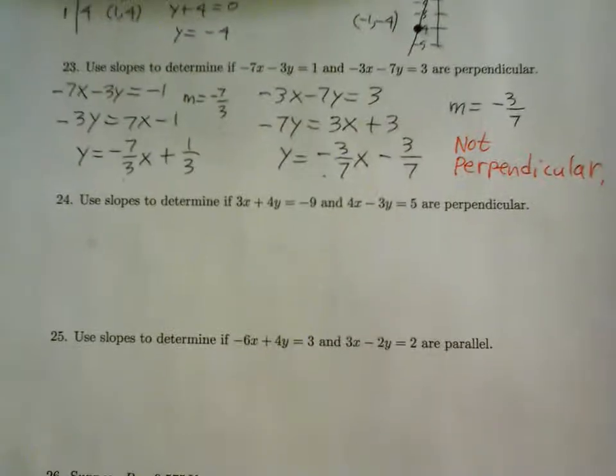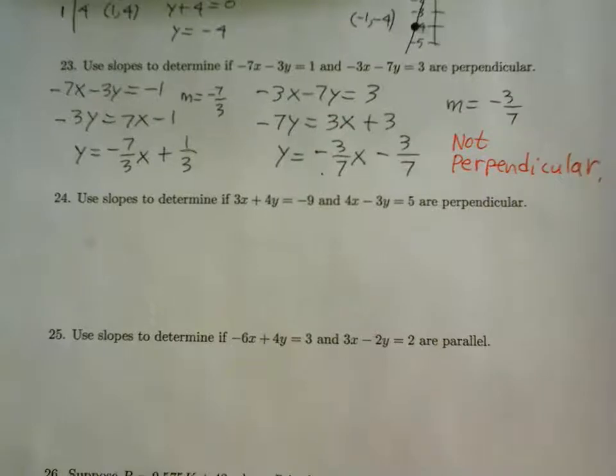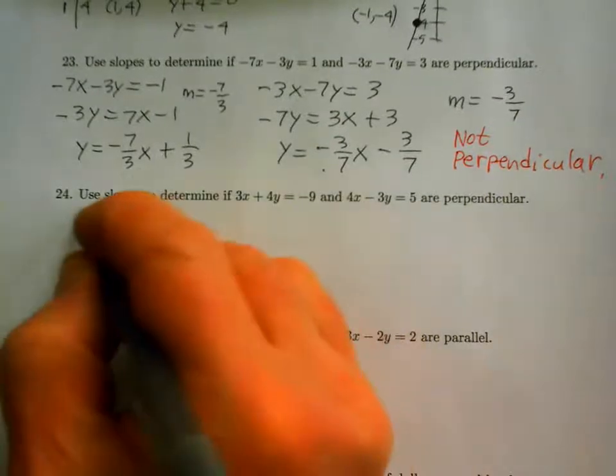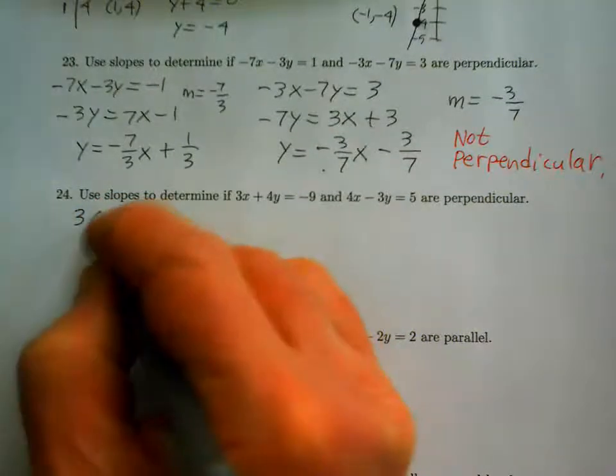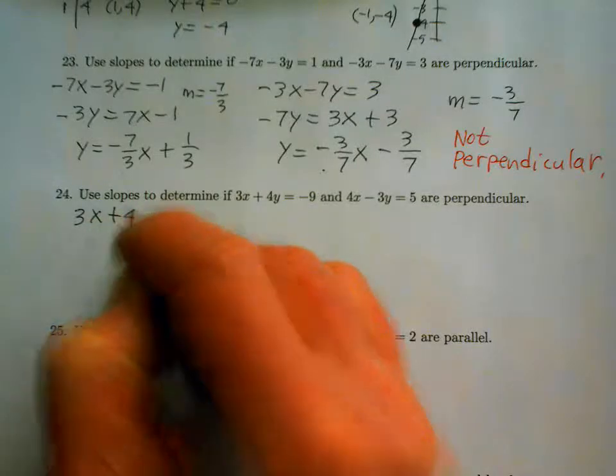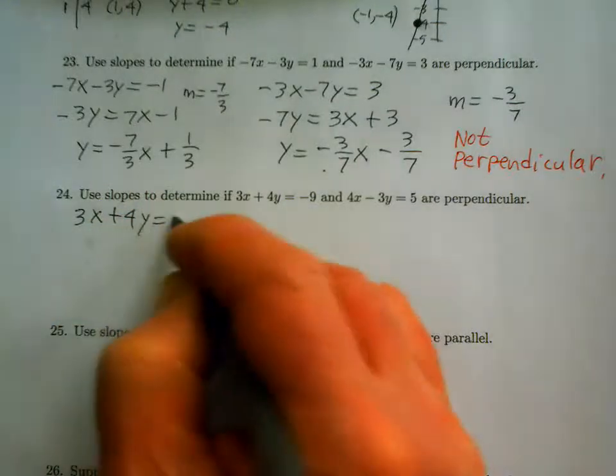Okay, the next one, same directions. Use the slopes to determine if the line 3x plus 4y equals -9 is perpendicular to the line 4x minus 3y equals 5. Okay, so rewrite each of the equations in slope-intercept form, the y equals mx plus b form.